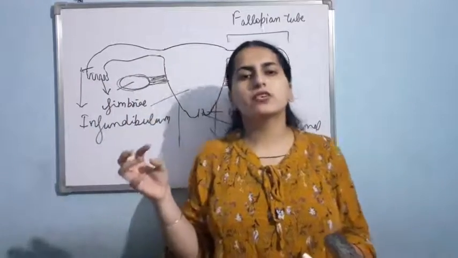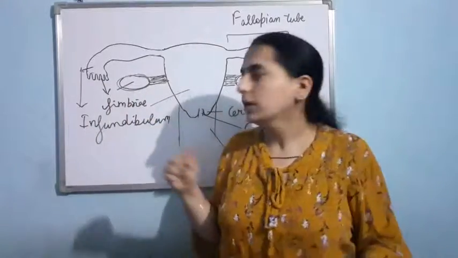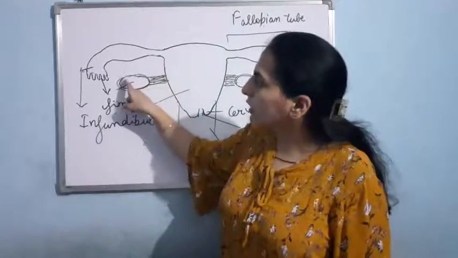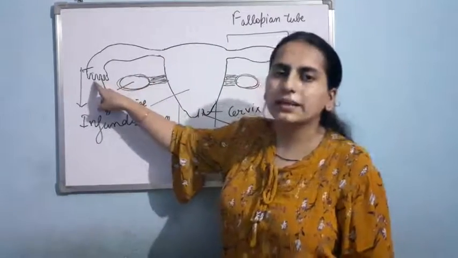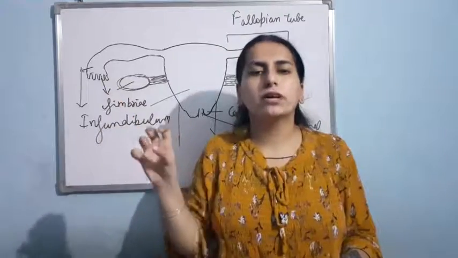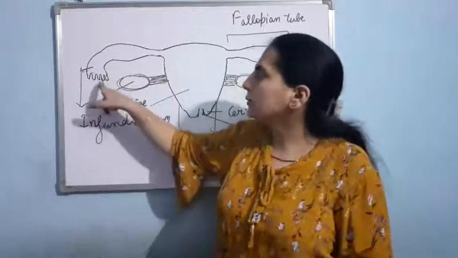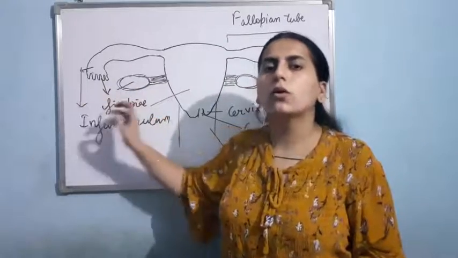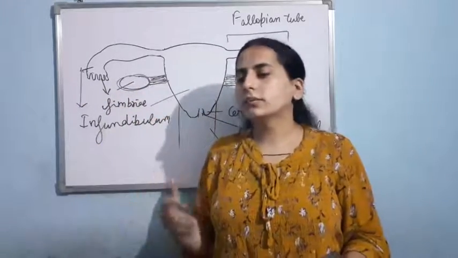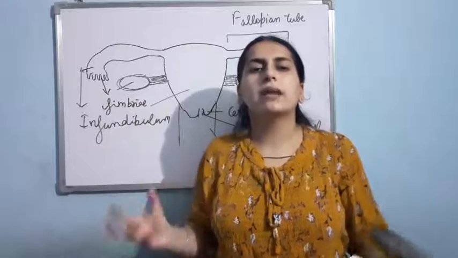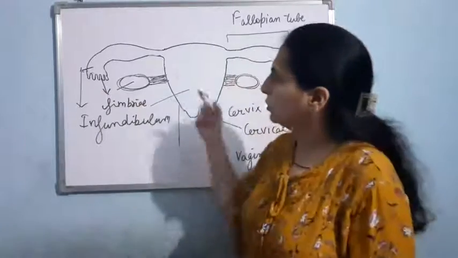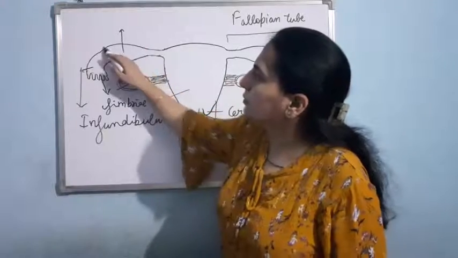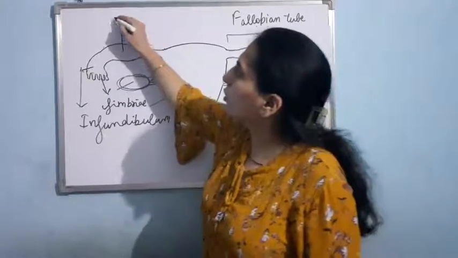And what is their function? They are used to collect the ovum. The ovary will release the ovum, and the ovum will be captured by these fimbriae, like you can capture something with your fingers. In a similar way, these fimbriae will capture the ovum so that it may not get lost in the pelvic cavity.